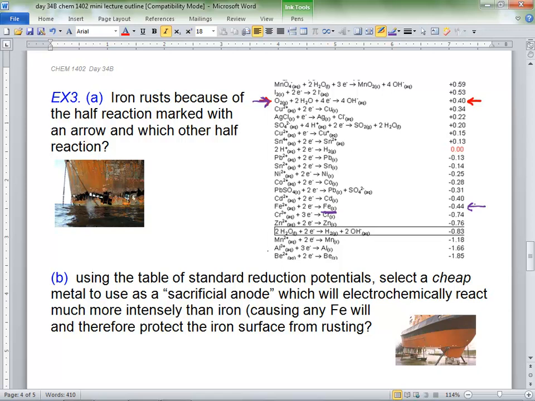If we wanted an overall reaction, an overall cell reaction, Mari, for rust, right? Which reaction would you flip? The red one or the purple one? Which one would you flip? The red arrow or the purple arrow? Right? Then we could cancel electrons, get the overall, what's that?